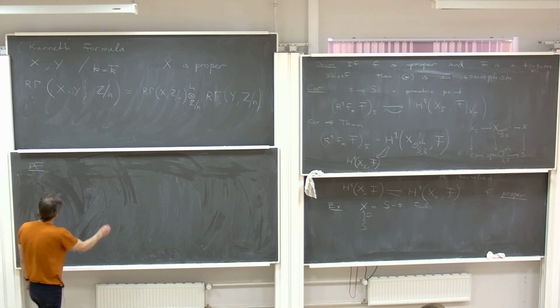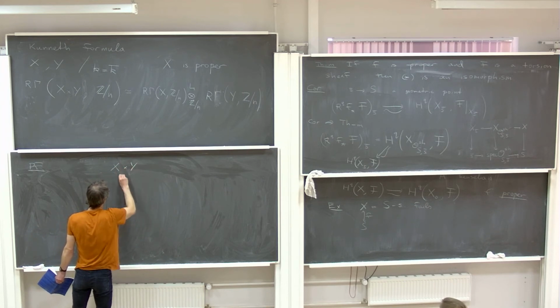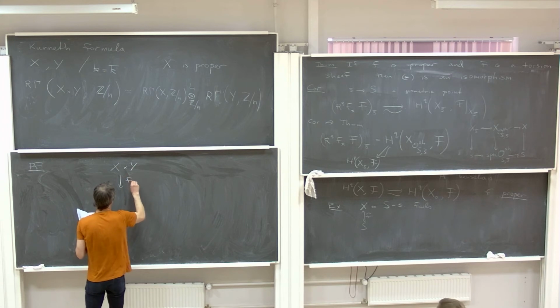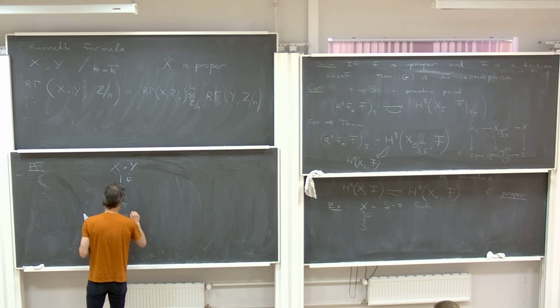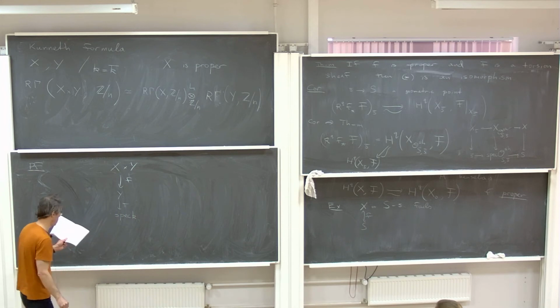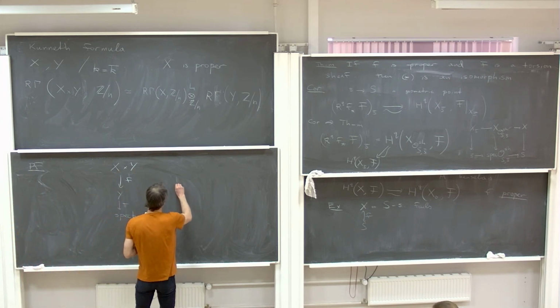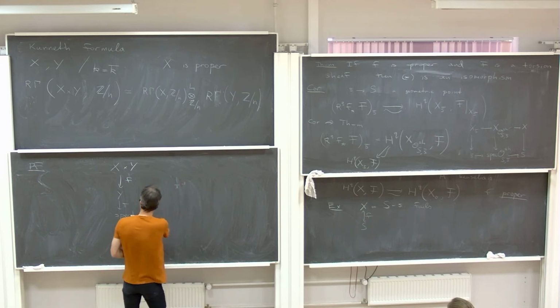So let's take X times Y, and you look at the projection f to Y. That's a proper map. And here I have pi, which is a map to Spec k. Then I have a map from the constant sheaf.